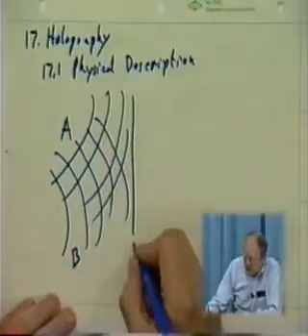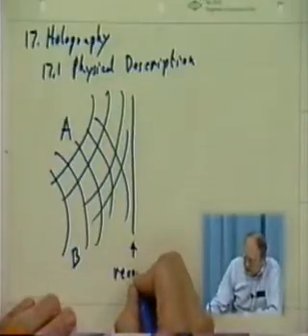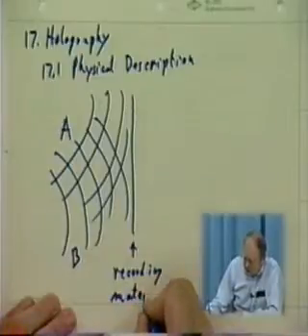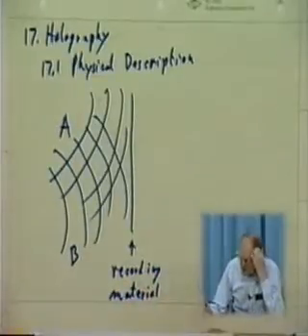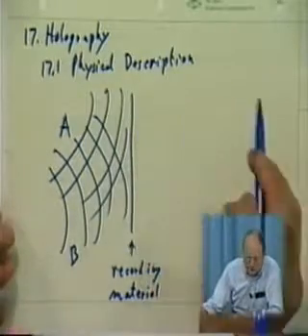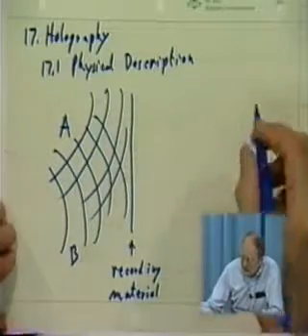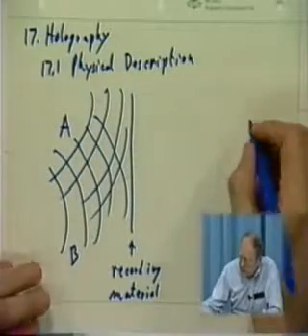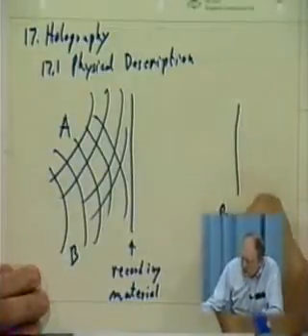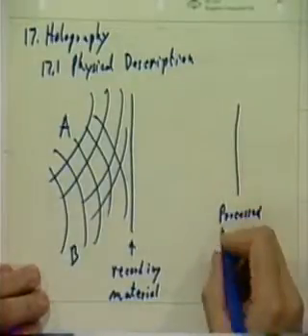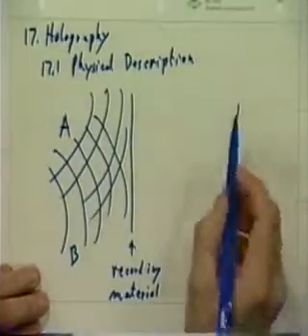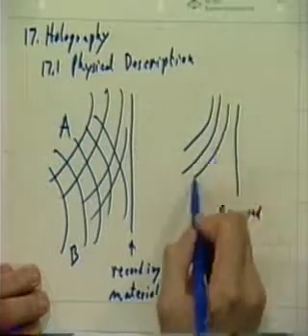And now we take some recording material, let's say film right now, maybe other materials that we'll use, but say film. We record this, and now we process the film, and if we illuminate this film now, we illuminate this with beam A.